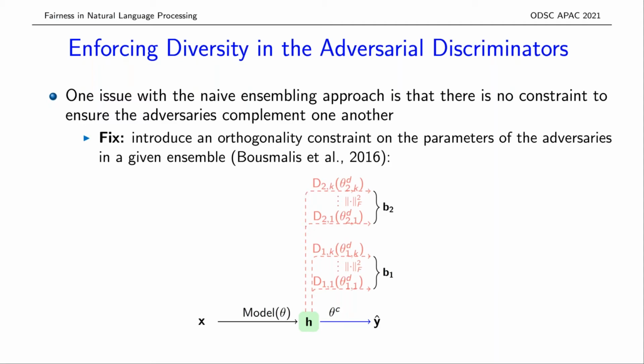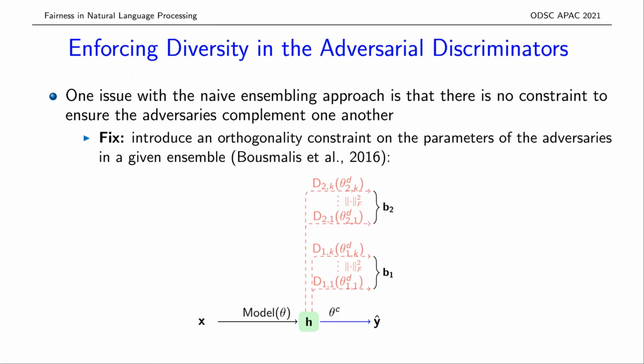So how can we fix that? By adding explicit constraints such that discriminators are learning as orthogonal as possible representations. They're not just all learning slight variants of the same thing or rotated versions of the same thing, which are going to be functionally equivalent to one another.